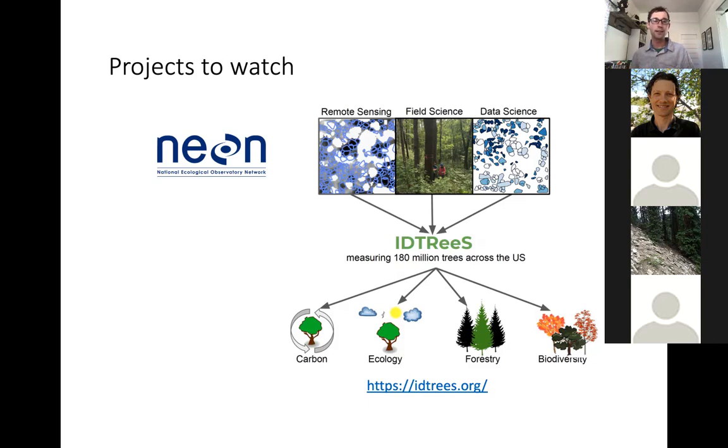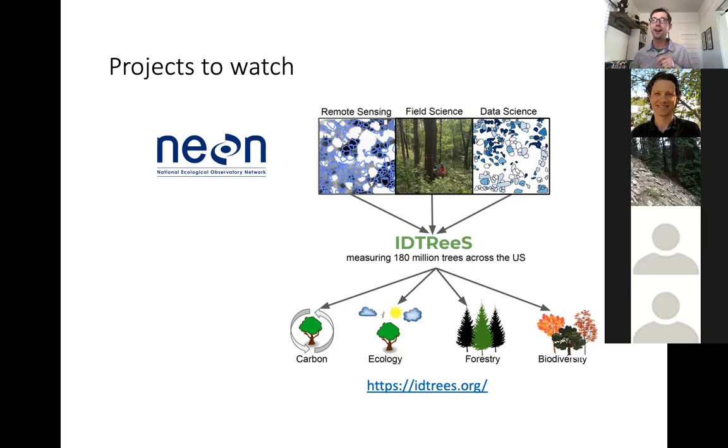They're using data from the National Ecological Observatory Network, remote sensing data and field data, and they've put it together into a set of training datasets that you can use to optimize algorithms for doing that metric extraction, individual tree segmentation.